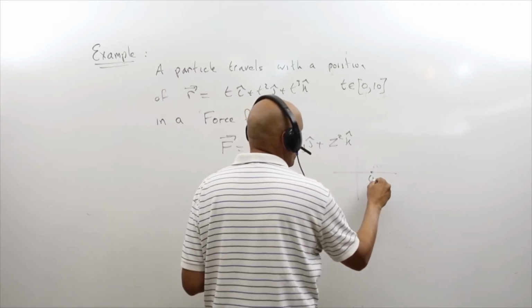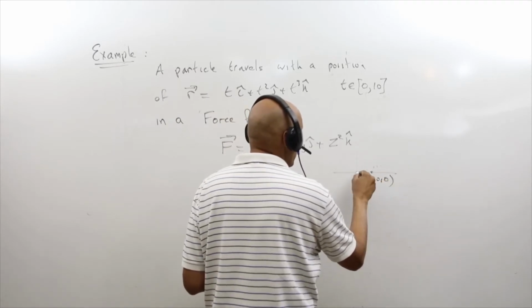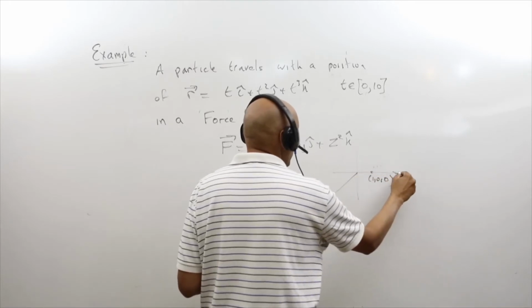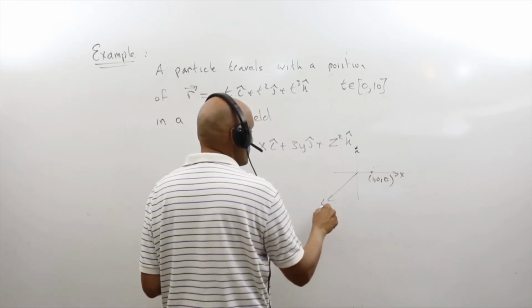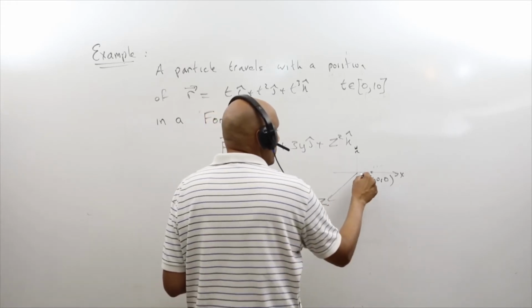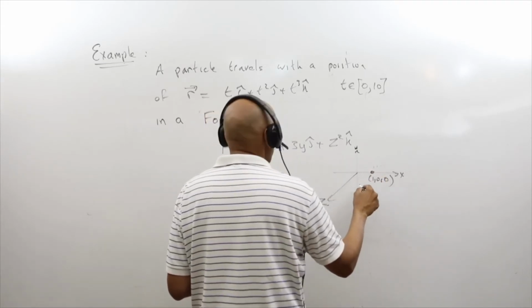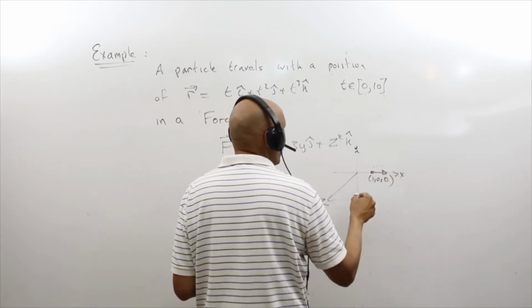So it happens to be in the same direction. If I look at the point 1, 0, 0, and assuming that this is the x-axis, up is the y-axis, and z coming out of the board is the z-axis, then at this point in space, the force field is in this direction.